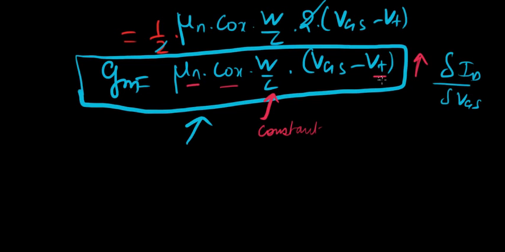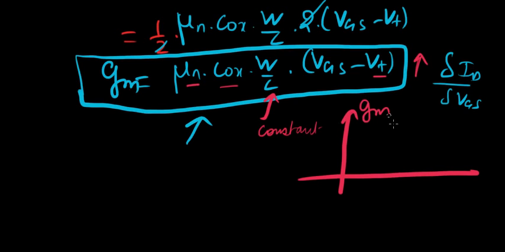Even VT is constant because it's the threshold voltage and it doesn't change. So, if you were to plot GM with respect to VGS minus VT with W over L constant, I repeat, mu n and C ox are going to be considered constant.